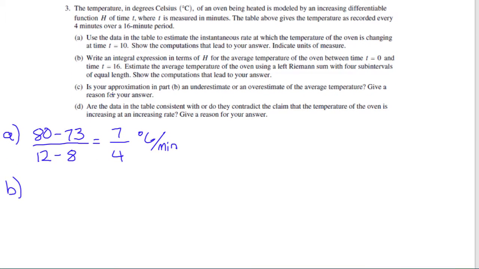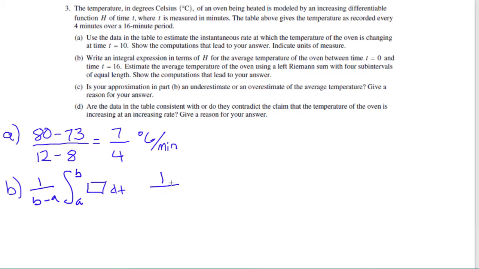Part B. In part B, we're looking for average temperature. So average of anything, it's going to be 1 over b minus a, integral from a to b of that anything dt. We're looking for average temperature, so temperature goes inside this box.